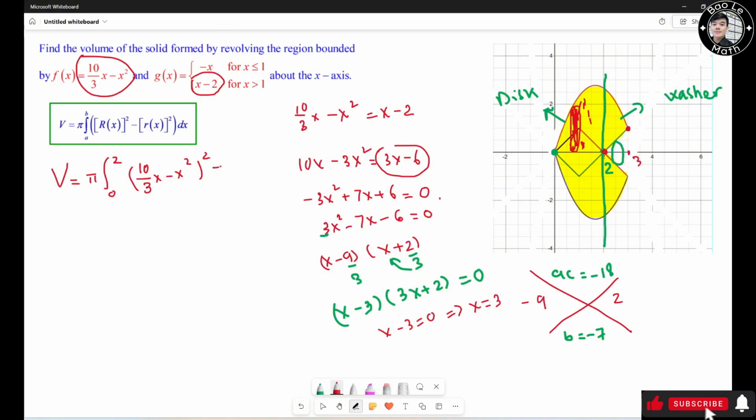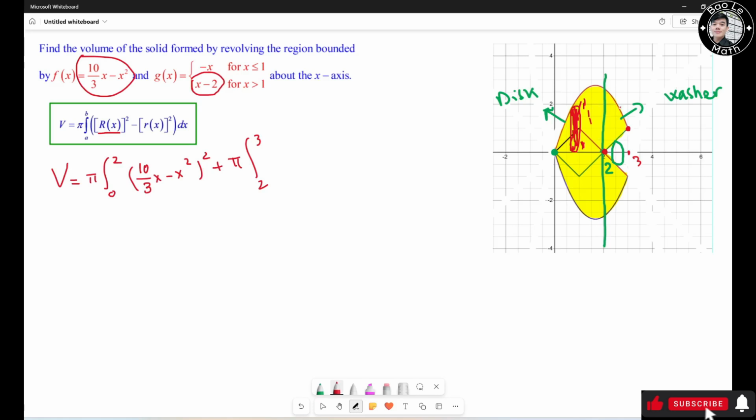I'm going to add pi the integral from 2 to 3. The outer radius is the distance from the x-axis to the graph right here, so it depends on the parabola. So it's going to be 10 over 3 s minus s squared, all together squared.